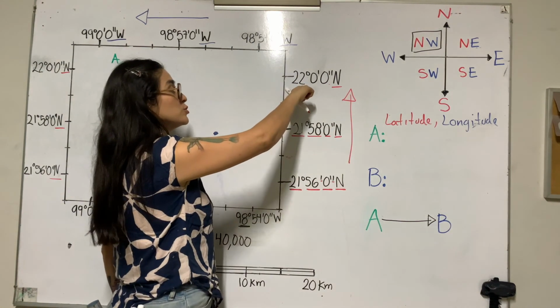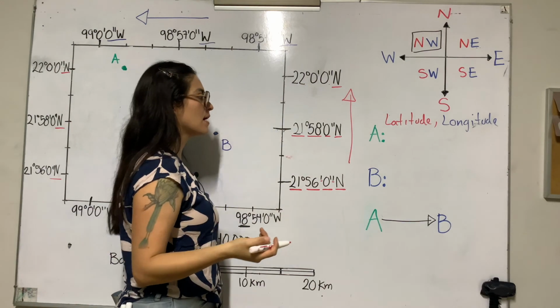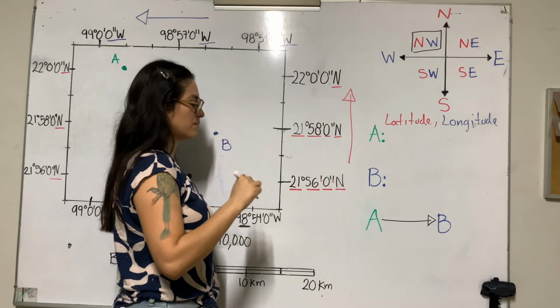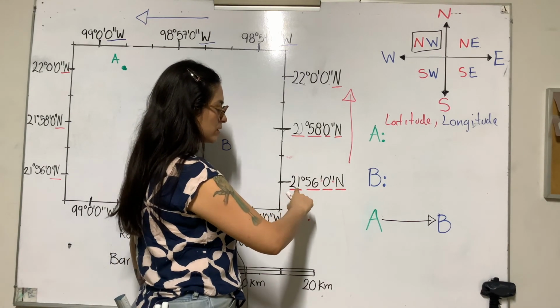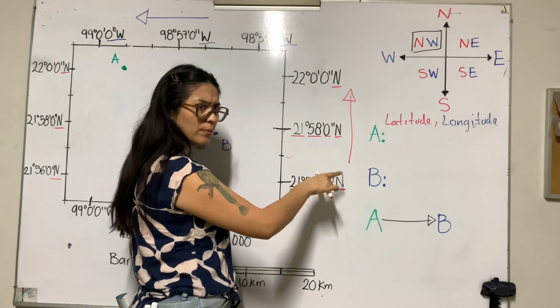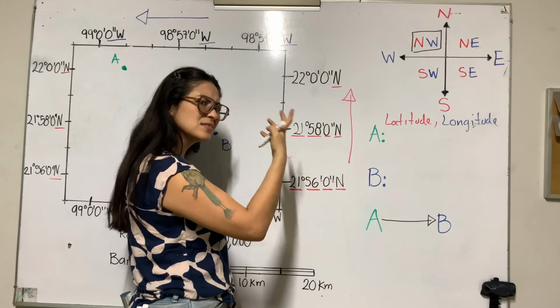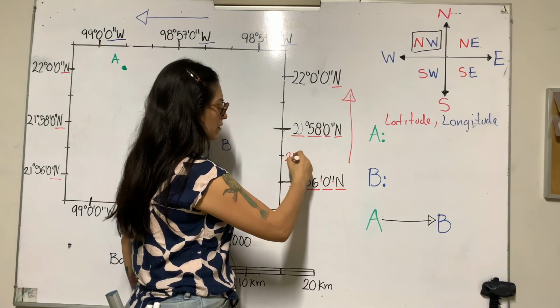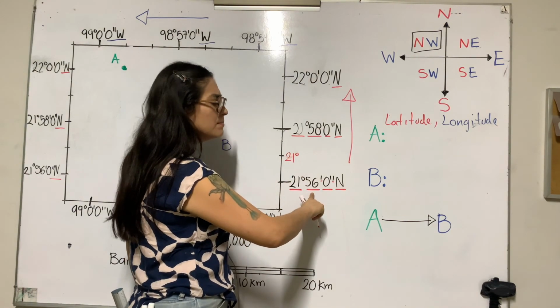And then we have 22 degrees. Why is that? Did we jump or something? Well, let's refresh our memory. If this is the degree 21, do you see that there is another line here without a number, but we can understand where we are. So if this is the 21 degree, which minute is this?